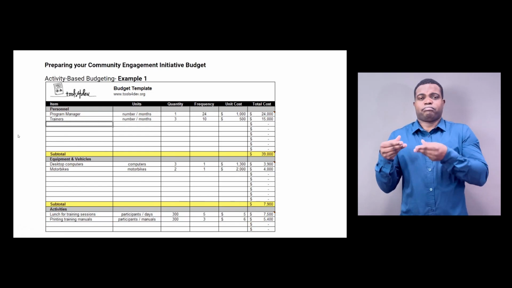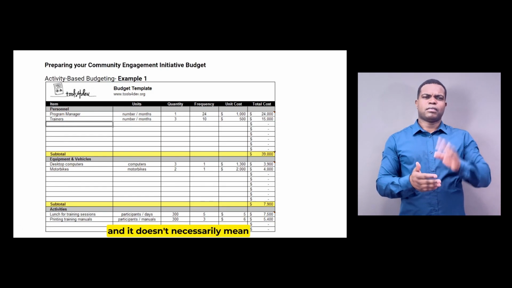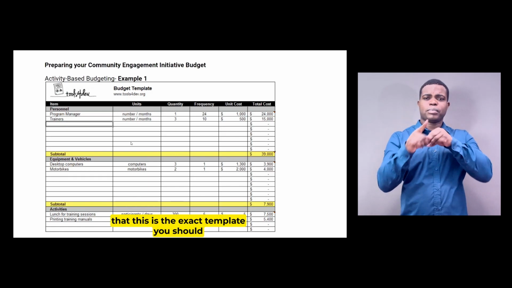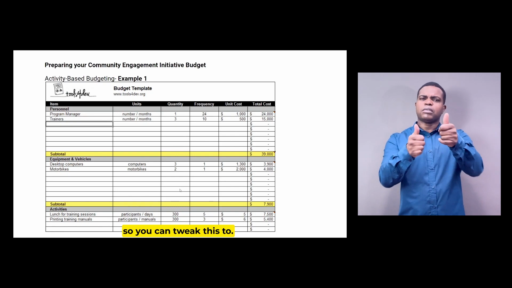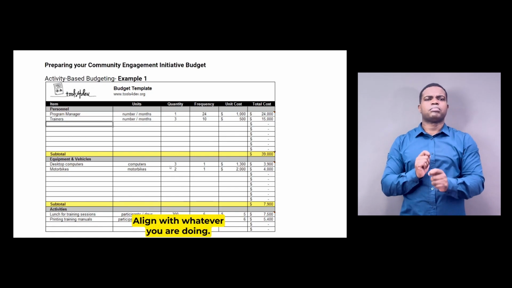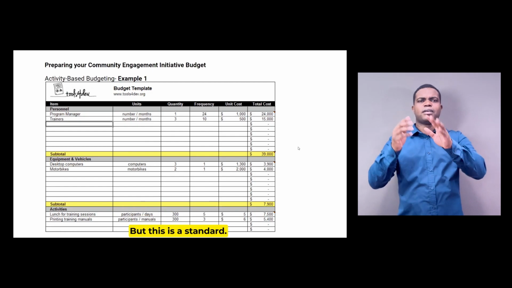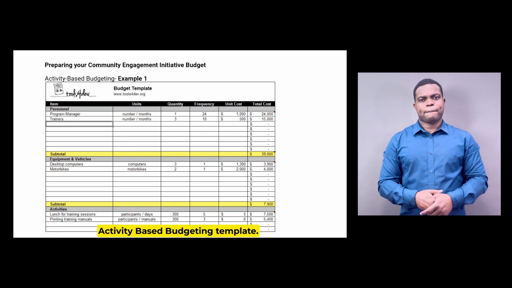So this is an example, and it doesn't necessarily mean that this is the exact template you should use for your community engagement initiative. You can tweak this to align with whatever you are doing. But this is a standard activity-based budgeting template.